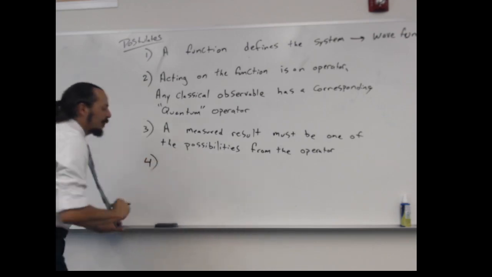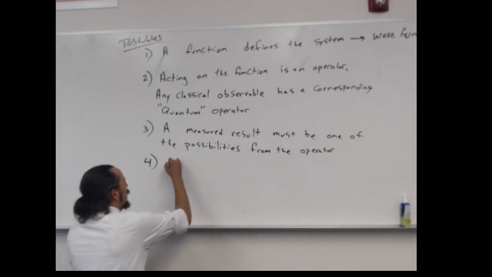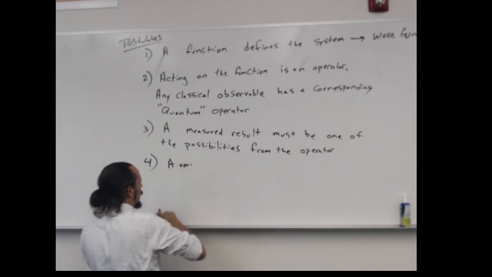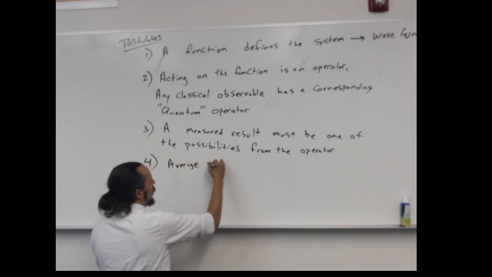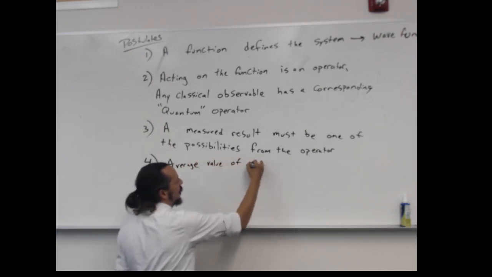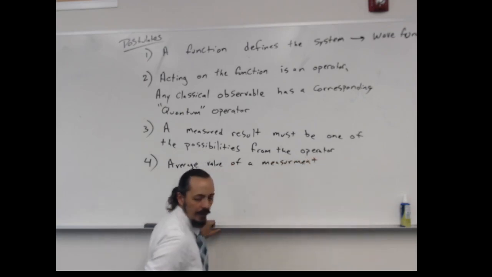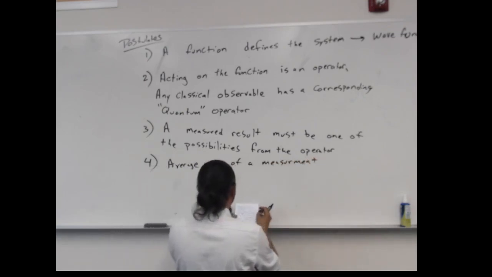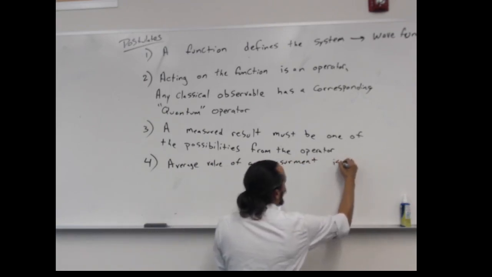More often than not, because we're usually dealing with large collections of particles and large collections of measurements, we're usually looking at an average value rather than an individual value. So an average value of a measurement.